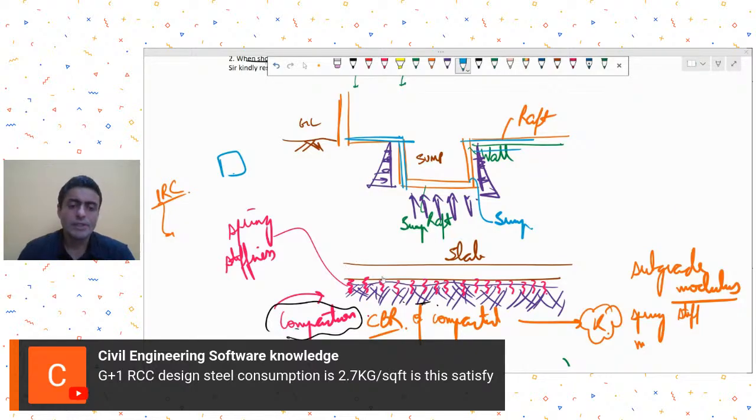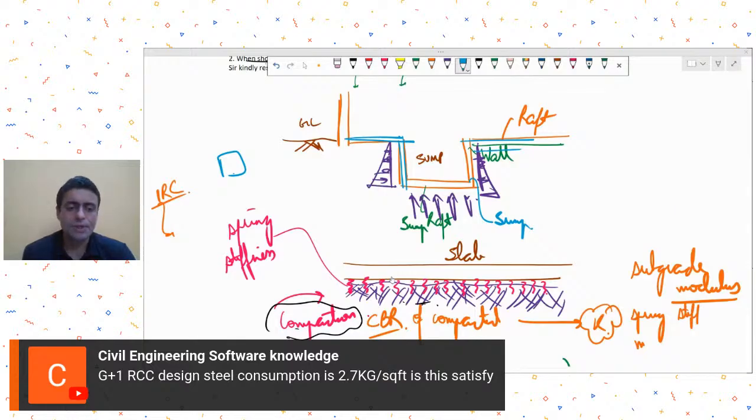These thumb rules will work only for a normal case, let's say where you have 10-11 feet beam spans, columns at every 12-13 feet, and your footings are on medium soil, let's say 20, 22, 25 ton per square meter SBC.